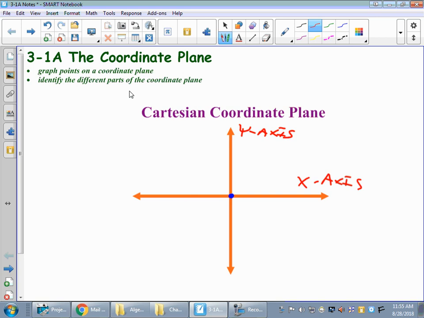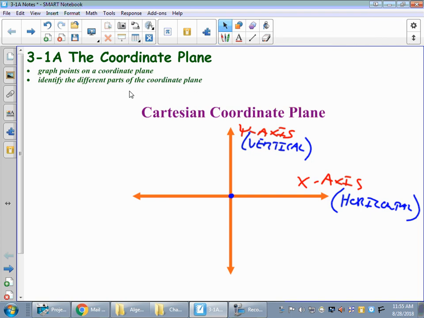Okay. Again, your x is horizontal, and your y is vertical. All right. Next up, we talk about an ordered pair. What is an ordered pair going to be?